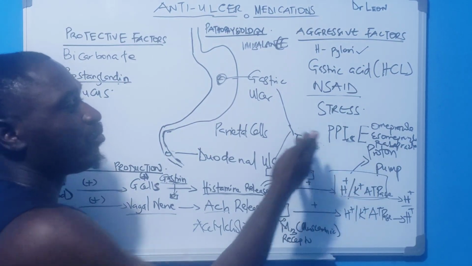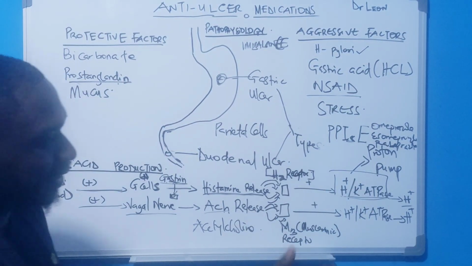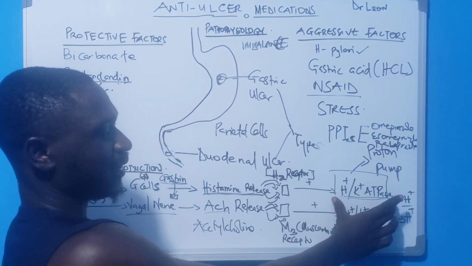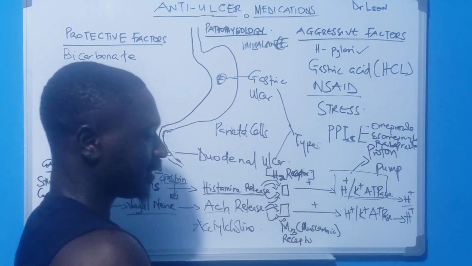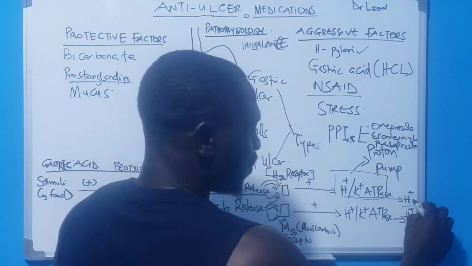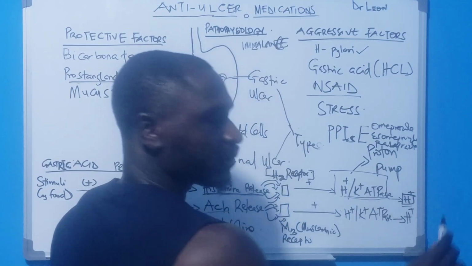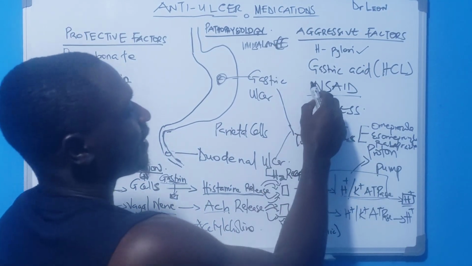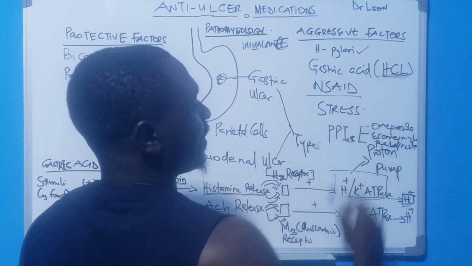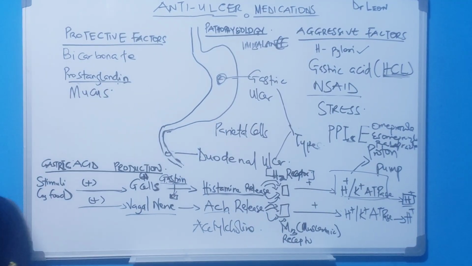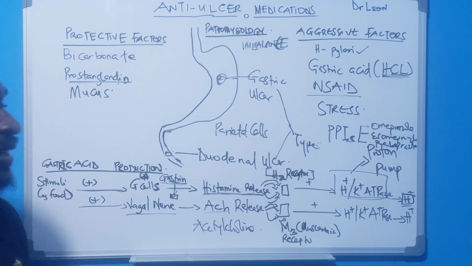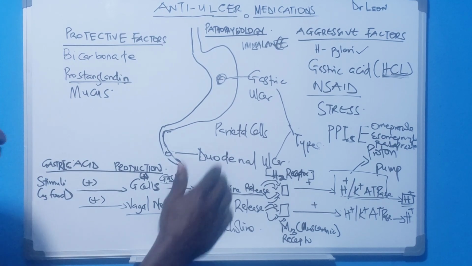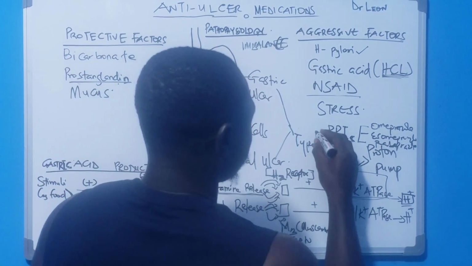That's why they are called proton pump inhibitors. Because this is the final pathway for acid production, when they block this, no acid will be produced. And for that matter, the aggressive factor, which is gastric acid, wouldn't be there. And therefore, you can actually prevent or treat what? Ulcer. So that's one of the classes.